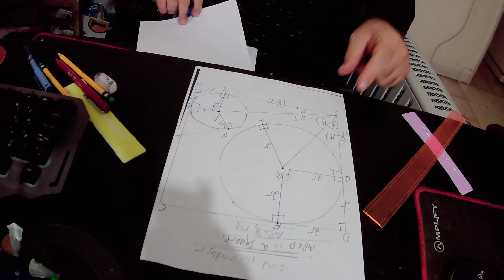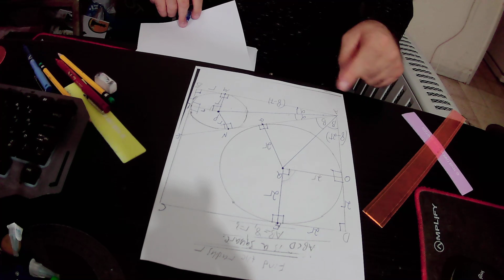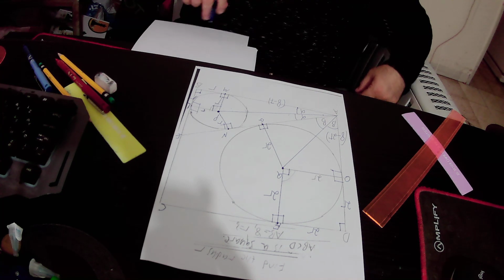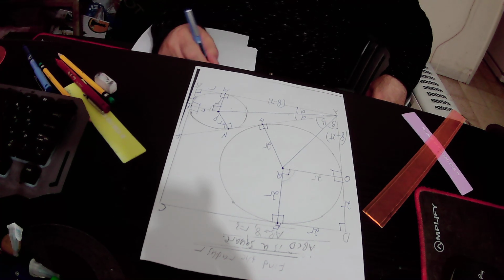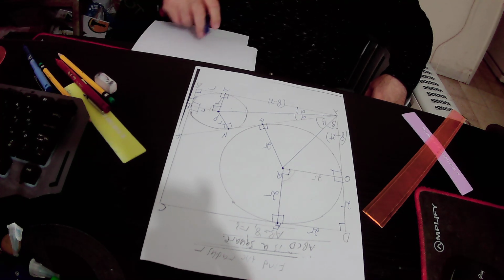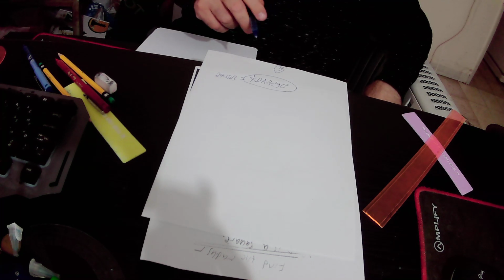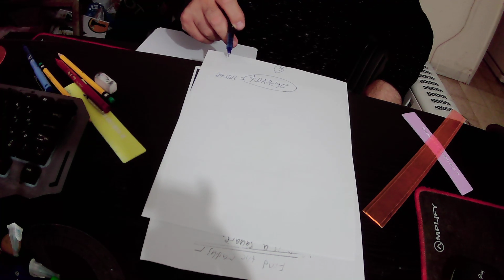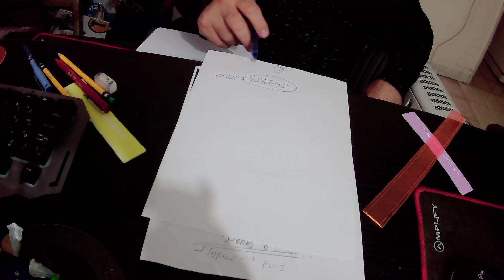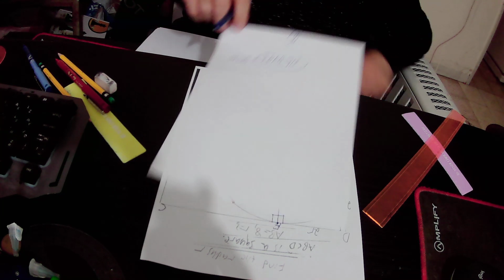But angle DAB consists of four angles: alpha, alpha, beta, and beta. So angle DAB equals 2 alpha plus 2 beta. From this equality we will conclude that 2 alpha plus 2 beta equals 90 degrees.